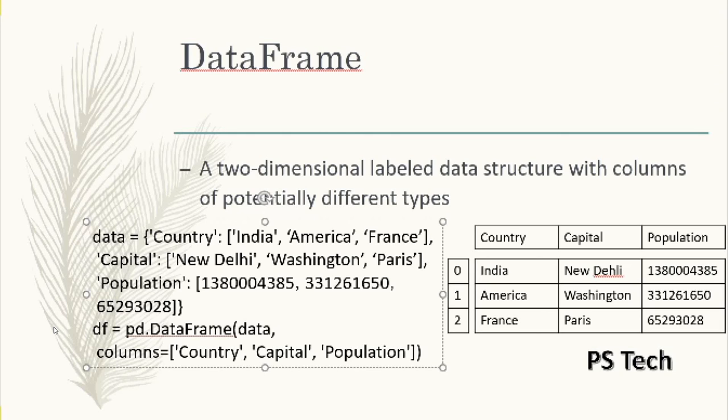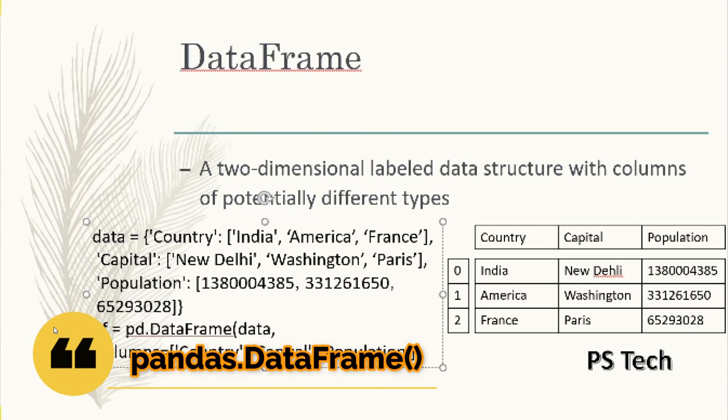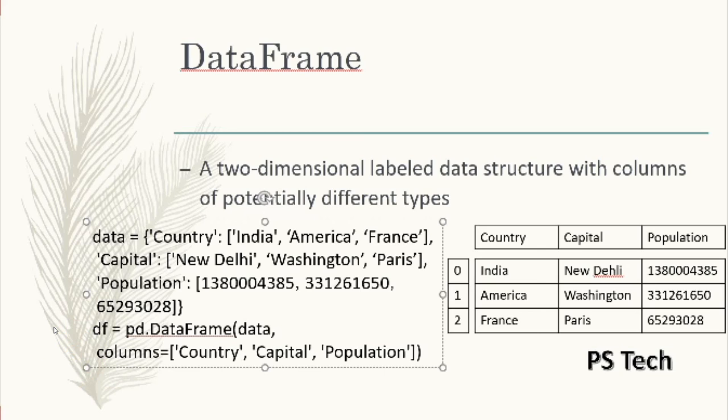We pass that data to the pandas.DataFrame method, and the pandas.DataFrame method also contains one parameter called columns which contains country, capital and population. These are the columns and these are the indexes.